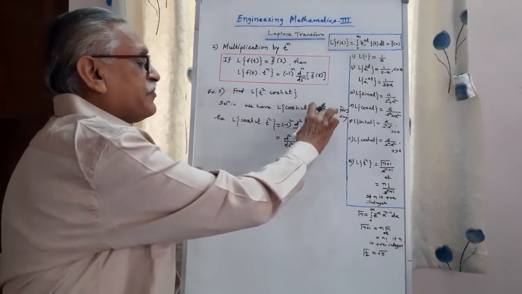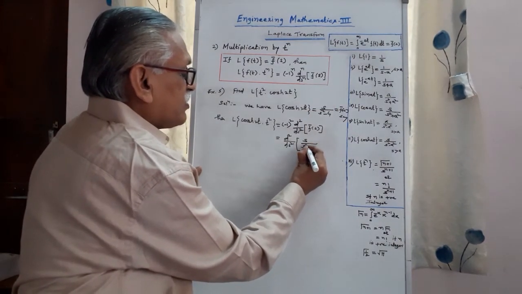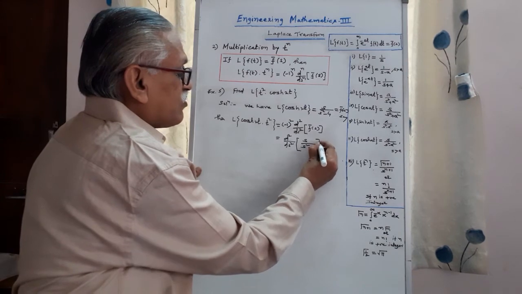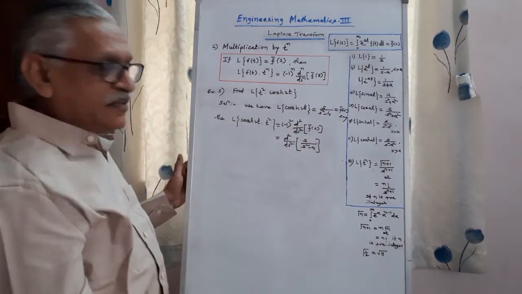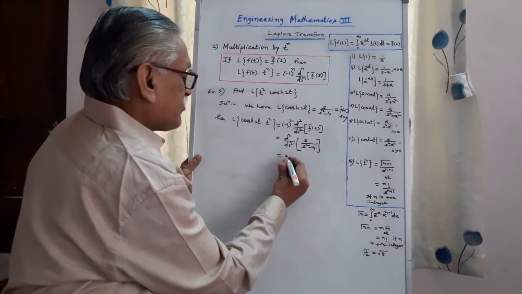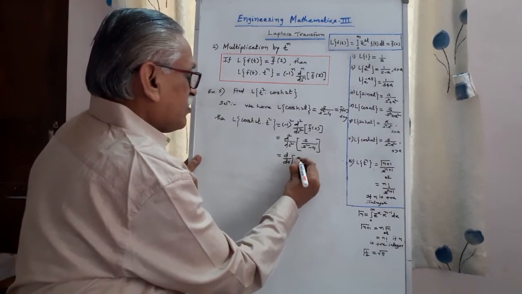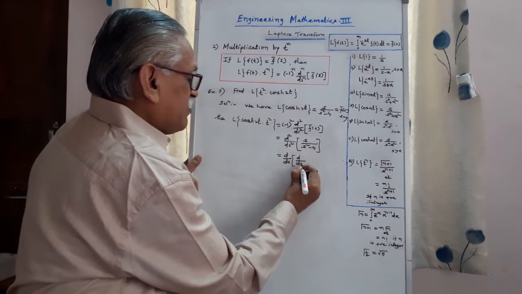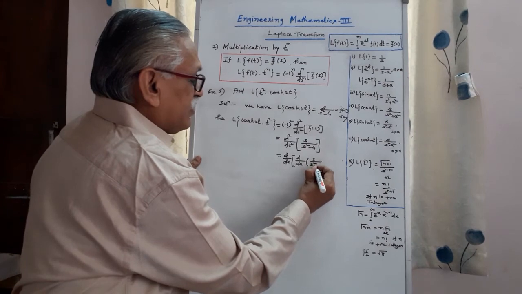Substitute the value of f bar of s as s upon s square minus 4, and again it is second order derivative, split it as d by ds of d by ds of s upon s square minus 4.